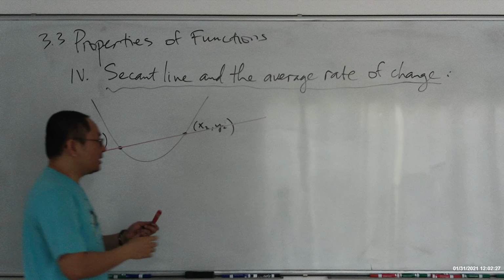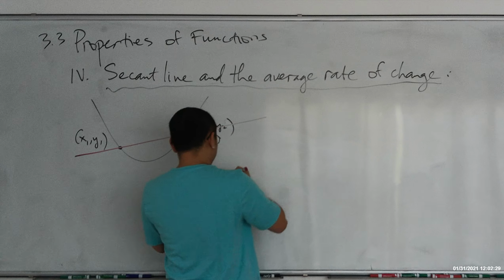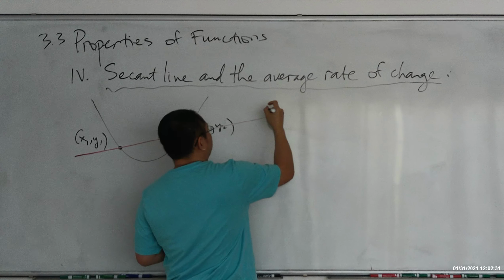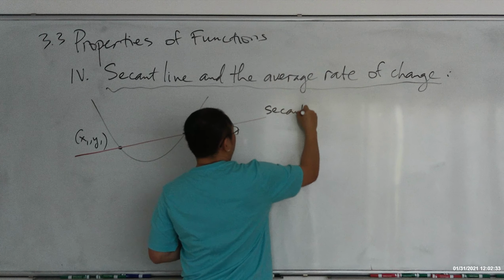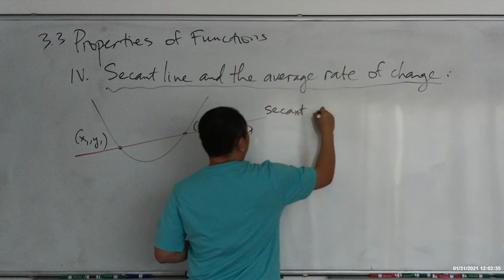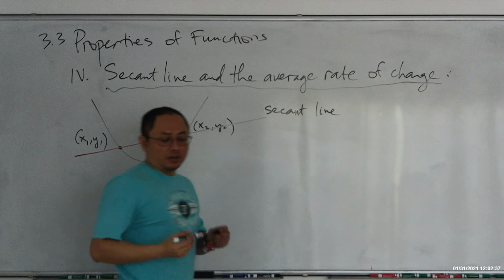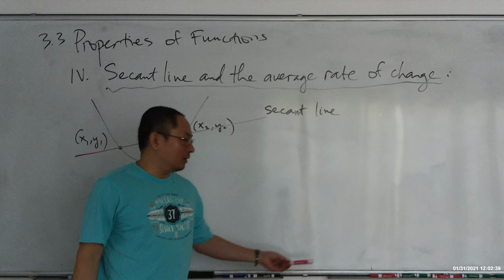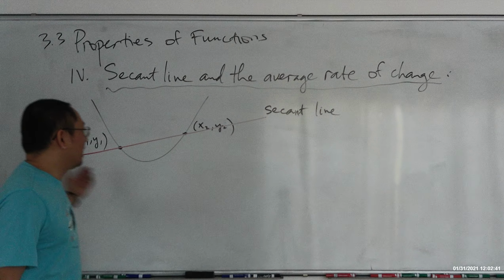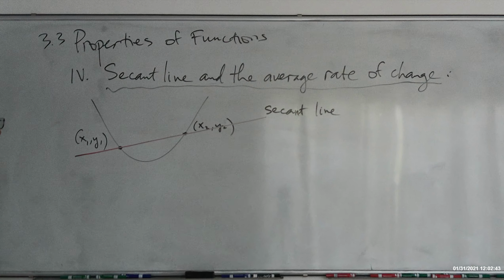And the name of that line is called the secant line. If people ask you, what is a secant line? Just the line that connects 2 points on the graph is called a secant line.